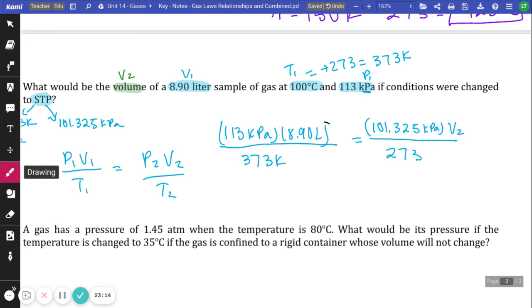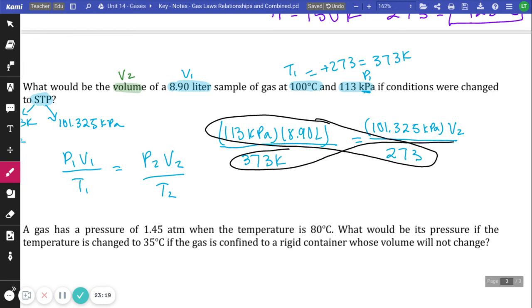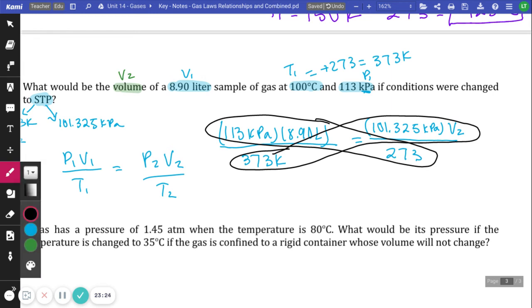So once again, we're going to do our cross multiplication here. So we're going to multiply all of those and multiply these together to get the next part of our equation. So do your cross multiplication. So 113 times 8.9 times 273. And when I did that, I got 274,556.1.